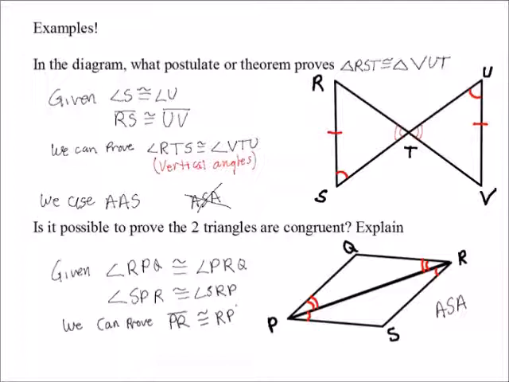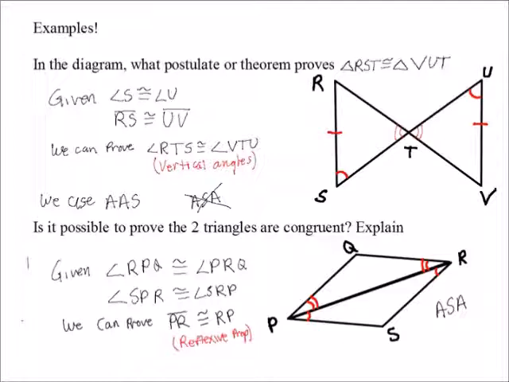And why is that? Well, anything is congruent to itself. So we can use the reflexive property, and say PR and RP are congruent.